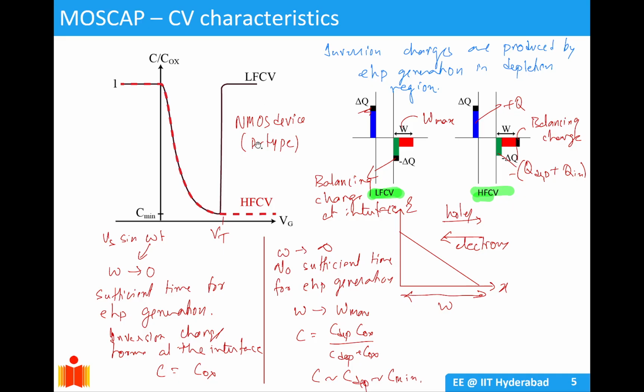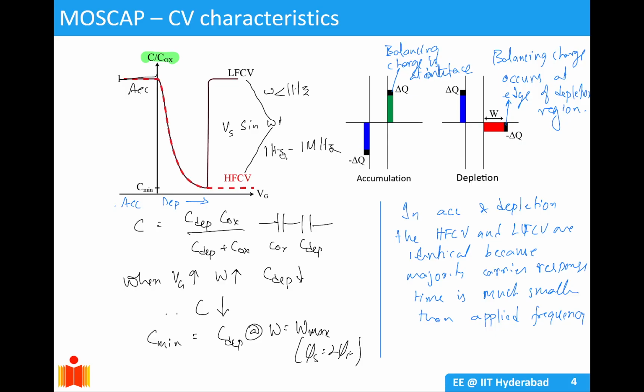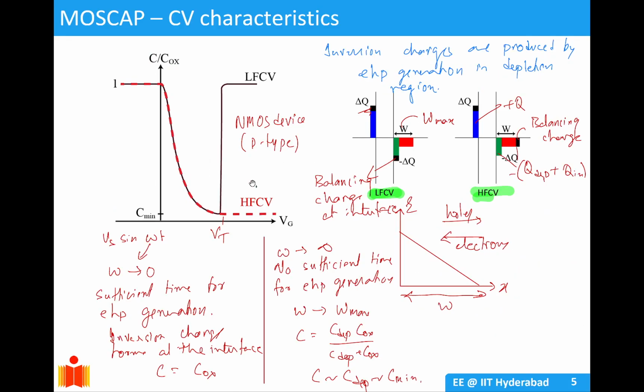But at high frequencies, in the kilohertz to megahertz range, your minority carriers are not able to respond, and hence your depletion charge has to respond to balance the charges. Because of that, your depletion capacitance still contributes to your overall capacitance.